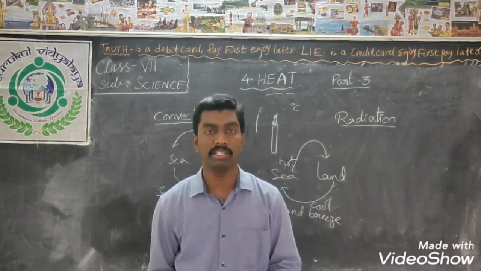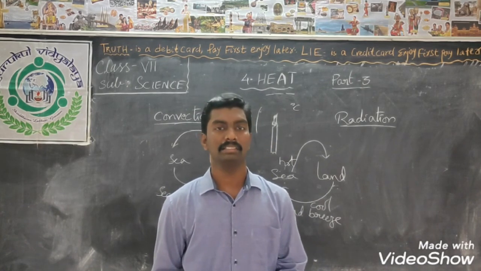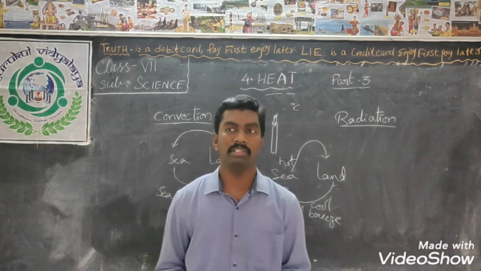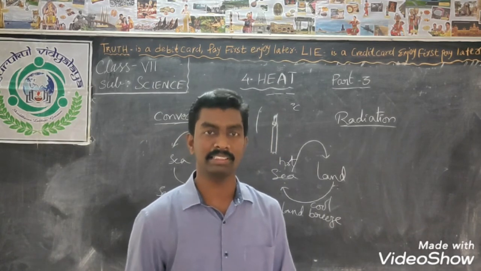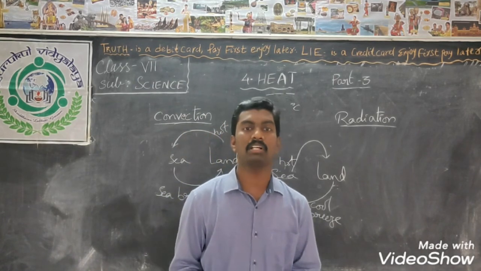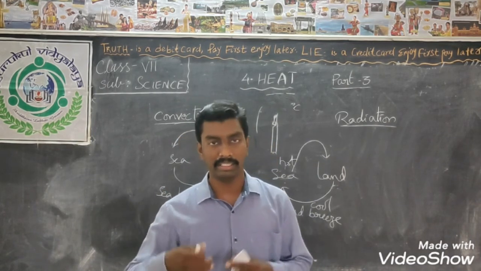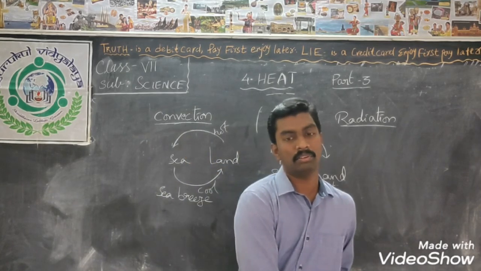It is one of the modes of heat transfer, and the materials which allow heat to pass through them are called conductors, and which do not allow heat to pass through them are called insulators. That we discussed here. And about convection also, the mode of heat transfer in liquids and gases, that we call convection.